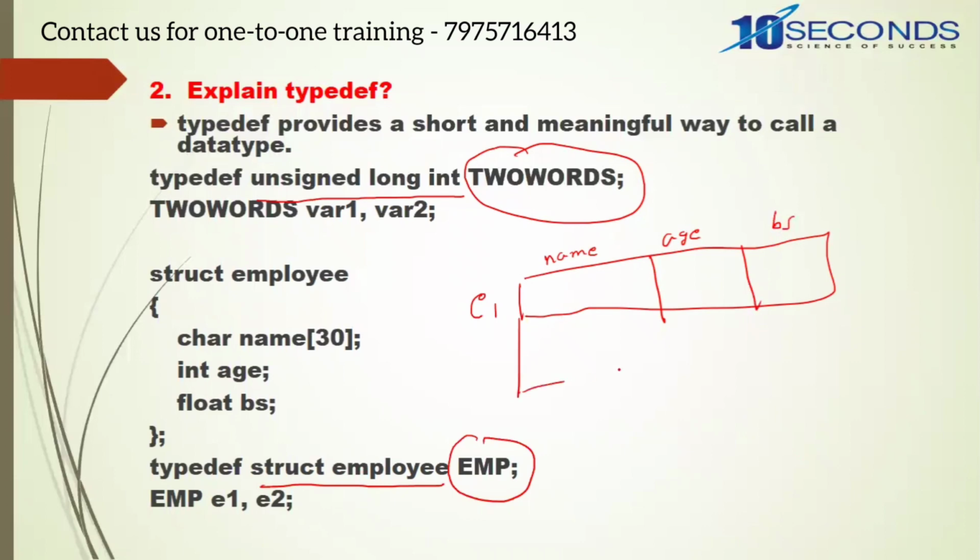And again, to store e2 also, memory will be allocated like that. So total here 30 plus 4 plus 4, 38 bytes for e1 and 38 bytes for e2.